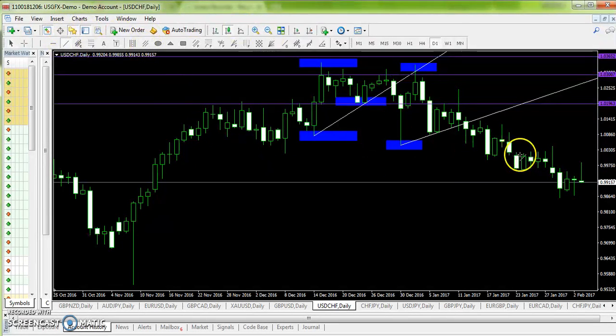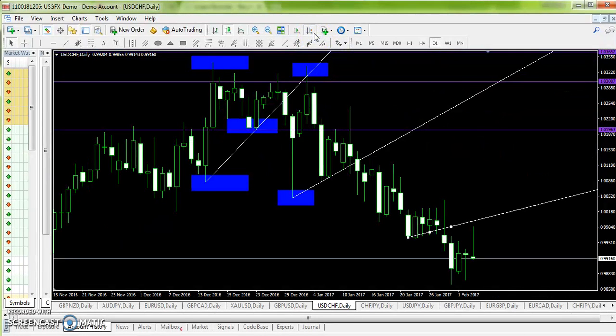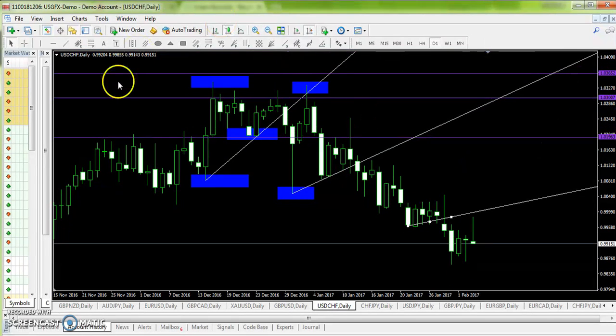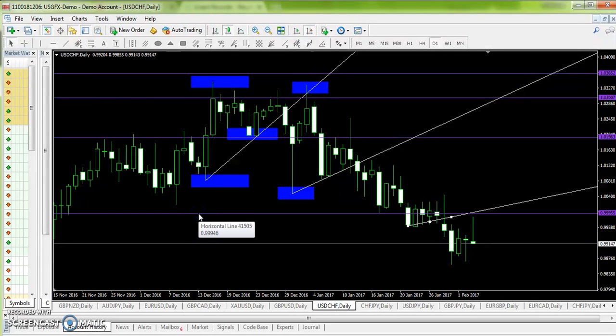Even you can see the trend line over there. So at this point, if you get involved in this trade, the ideal trade scenario would be to sell below 0.99955, whereas the stop loss would ideally be on a previous swing high.